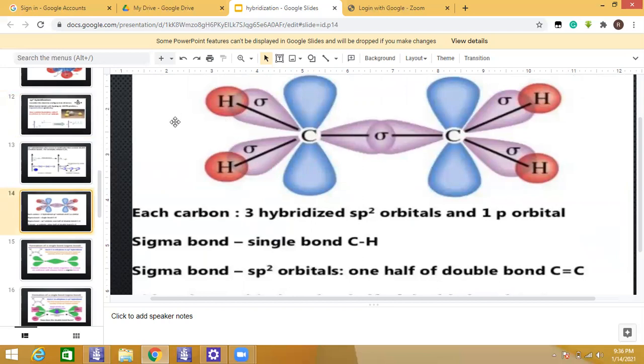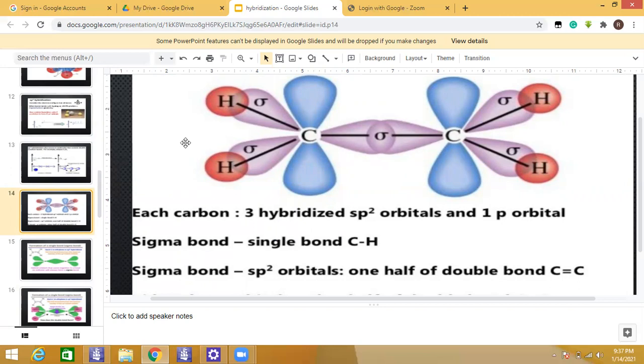Like we have another example, ethene, C2H4. So sp2 hybridization is basically a hybridization when 1 s and 2 p orbitals of different shapes and energy mix together to form a set of 3 orbitals of the same shape and energy, which are called sp2 orbitals, and the phenomenon is known as sp2 hybridization. So in the case of ethene, the electronic configuration is the same as in methane.